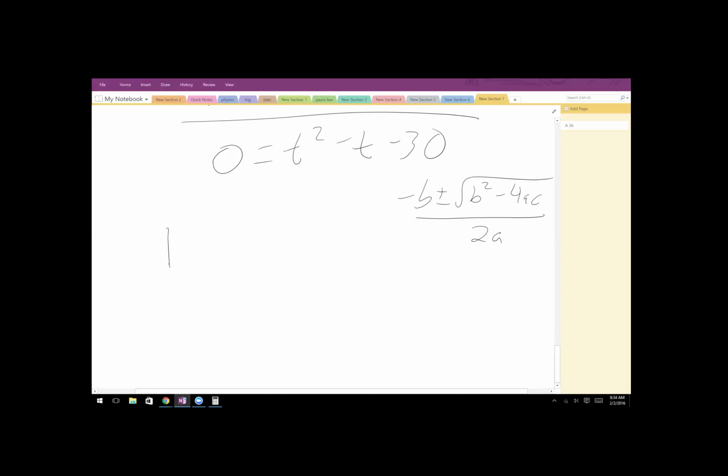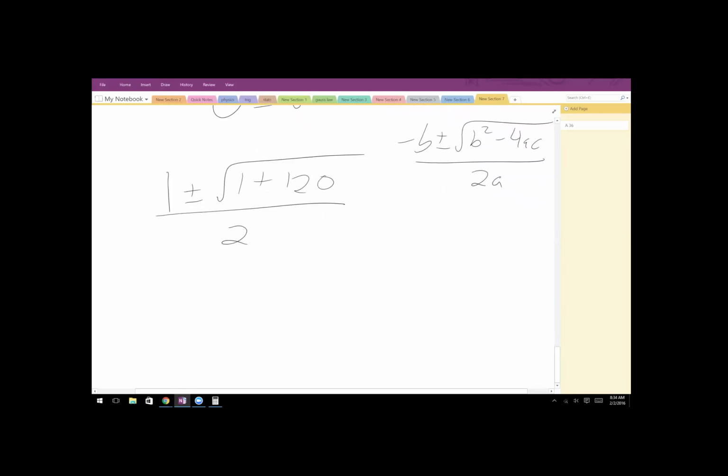So I've got 1 plus or minus square root 1. 4 times 1 is 4 times 30 is 120. And minus minus, it's going to be a plus. So 120 over 2. What's the square root of 121? Yeah, 11.